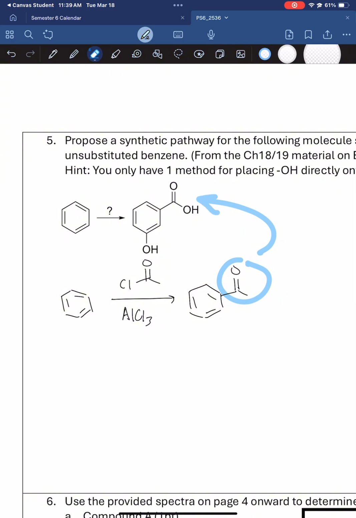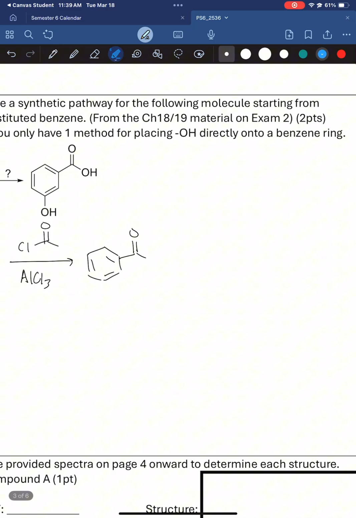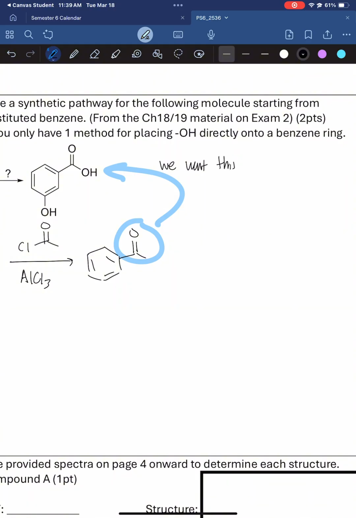So in order to do that, the most convenient way, in my opinion, here I'll re-add the highlights actually. I'll say we want to reduce this with H2, Pd on C, and what that's going to do is turn this into just a 2-carbon chain coming off of the benzene.